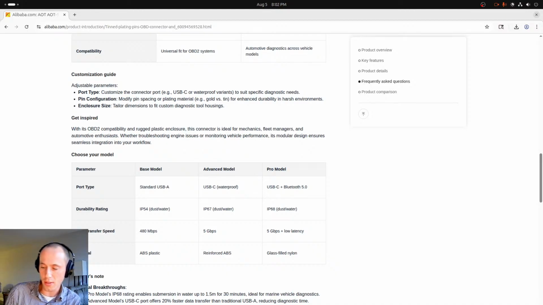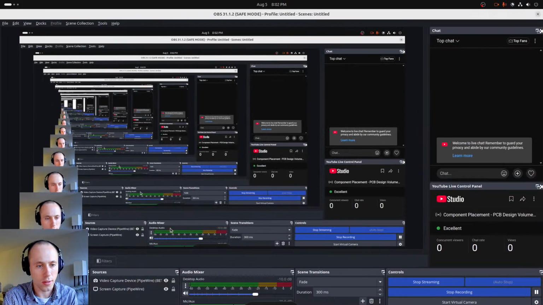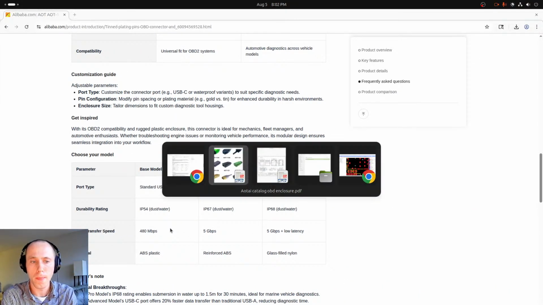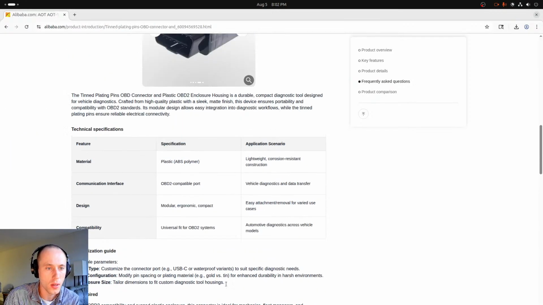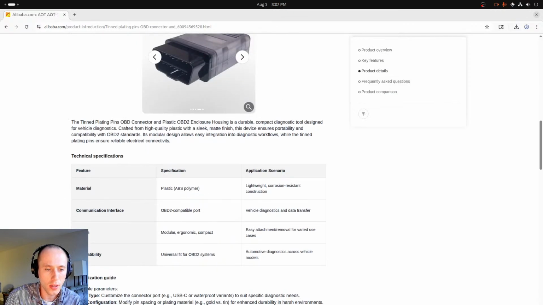So what I'm seeing is that there's like 3 different models, right? And I don't know if one is more expensive than the other. They should be, right?